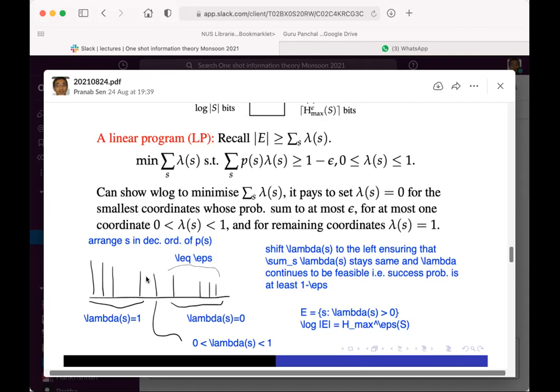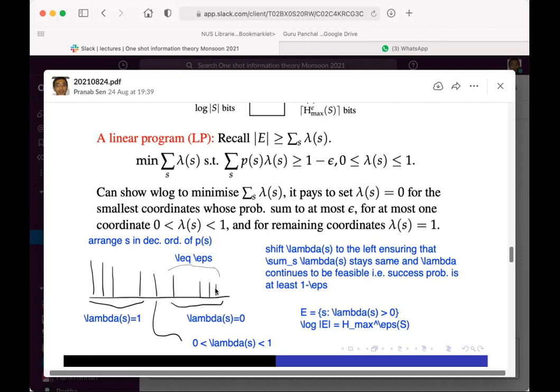And in fact, the success probability can only go up, because decreasing the last lambda by theta, of course, decreases the contribution to the success probability for the last S, but it is more than compensated by the extra theta somewhere here. Remember, the probability of this guy is larger than the probability of the last guy.